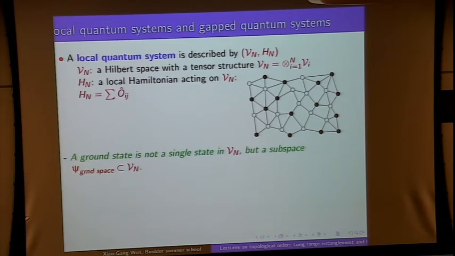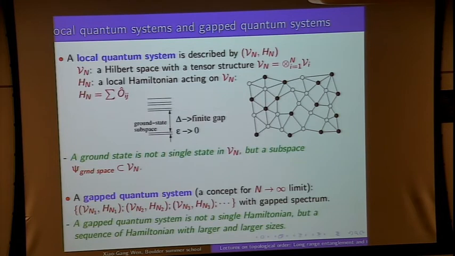There are no gapless states. So by thermodynamic limit, we are thinking about a sequence of Hilbert spaces and Hamiltonians, where n is the size of the system and n goes to infinity. Mathematically, we are not talking about a particular Hamiltonian. We are talking about a sequence of Hamiltonians in order for many concepts to make sense.